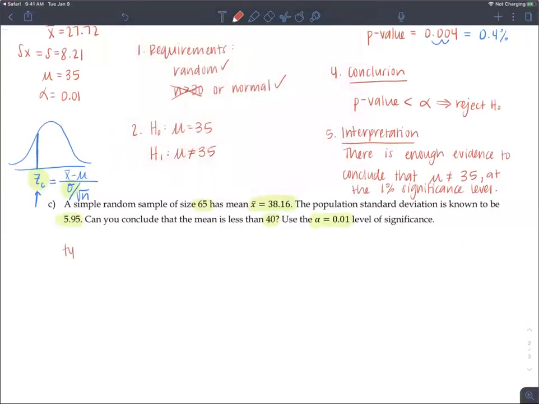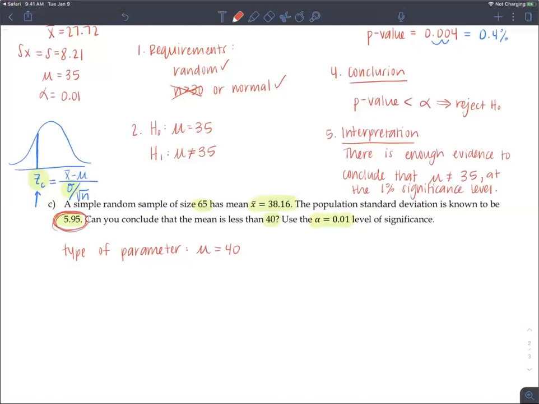So what am I testing here? Type of parameter, is this going to be mu or p? Mu. Yeah, it's going to be mu because you're told the mean, right? So mean is going to be mu. So you actually know that mu is 40 in this case, right? I'm also given another variable. What is this 5.95?